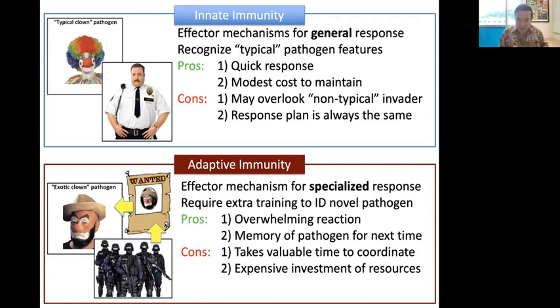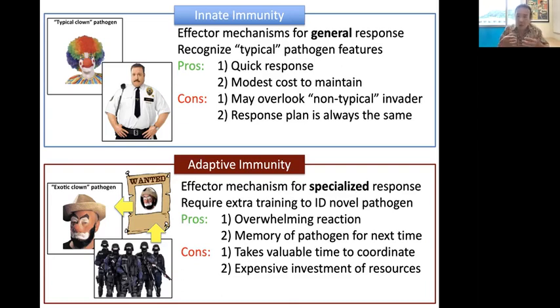So let's look at the adaptive side. The adaptive side are effector mechanisms that are specialized for a very particular focused response. They require this extra training to identify that something really is a novel pathogen. And again, we can imagine that when Bad Clown comes along, the first time your body's exposed to him, you have no previous knowledge that he's necessarily a pathogen, and your innate immune side maybe doesn't do a good job of recognizing him as a pathogen.